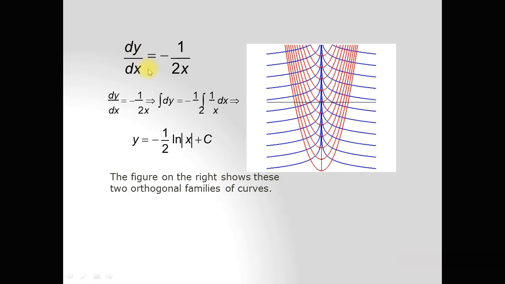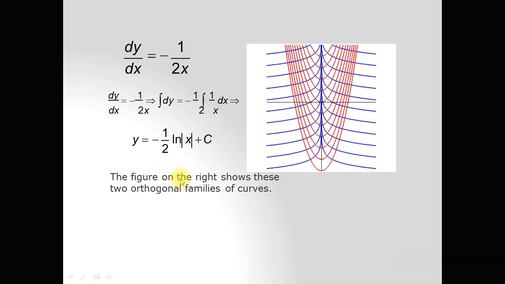Similarly, dy will also not be in the denominator. So we obtain dy is equal to minus 1 over 2 times 1 over x. Now taking integration of the left hand side and right hand side, the integration of dy is y, and the integration of 1 over x is log x plus c. This is the constant of integration.